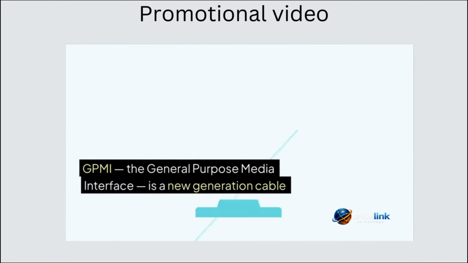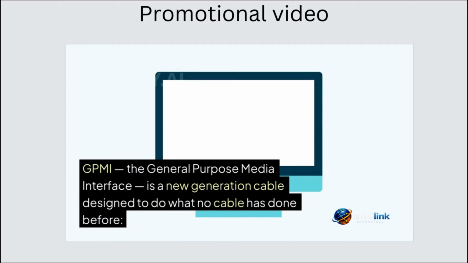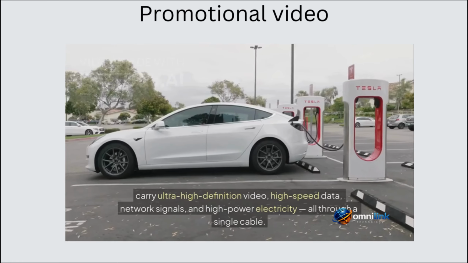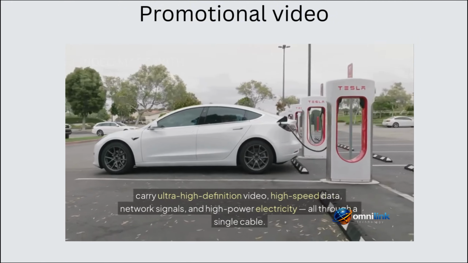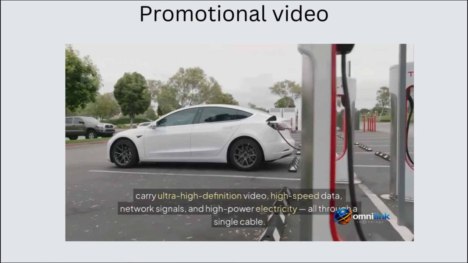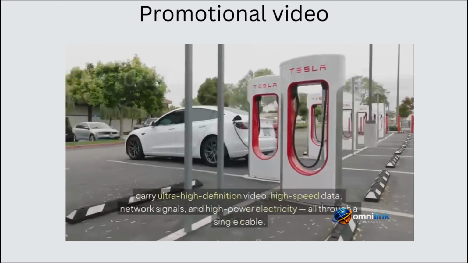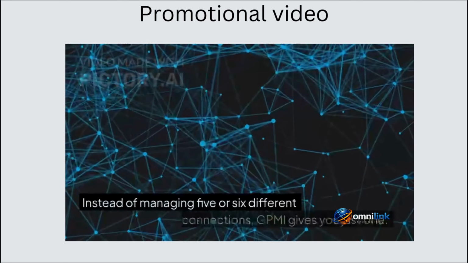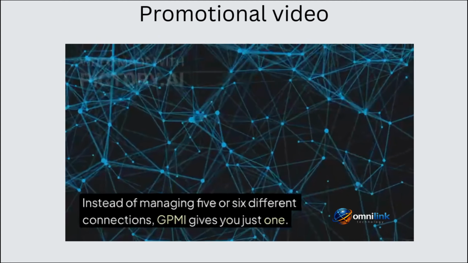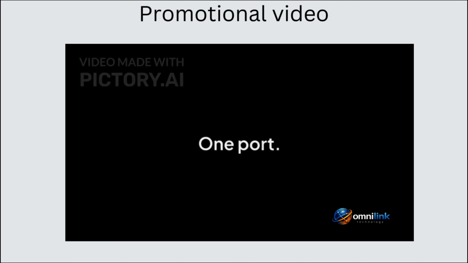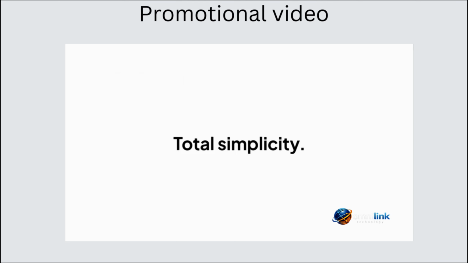GPMI, the General Purpose Media Interface, is a new generation cable designed to do what no cable has done before: carry ultra-high-definition video, high-speed data, network signals, and high-power electricity, all through a single cable. Instead of managing 5 or 6 different connections, GPMI gives you just one cable, one port. Total simplicity.